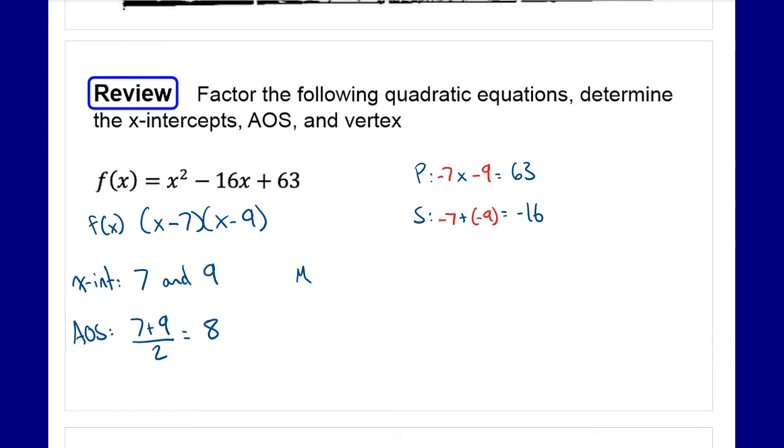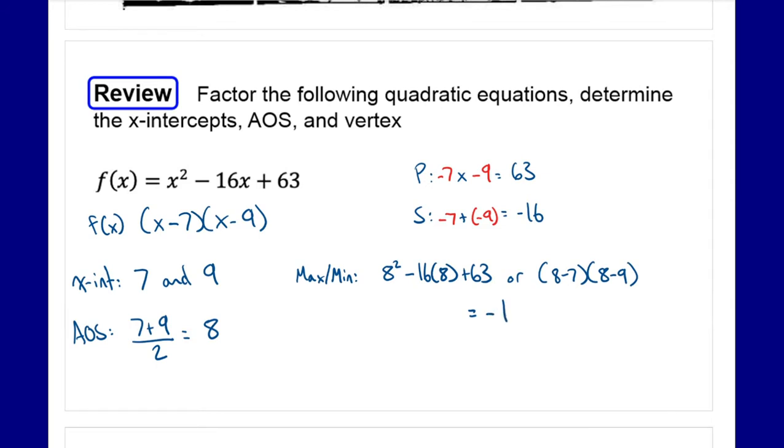So I take the value of 8: 8 squared minus 16 times 8 plus 63, or I could simply put it into the factored equation, so 8 minus 7 times 8 minus 9. That one probably works out a little easier. Either way we look at it, we should get a value of negative 1.